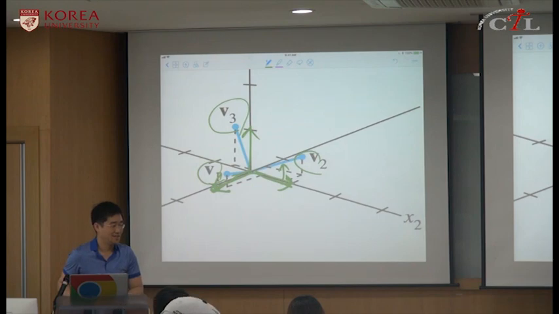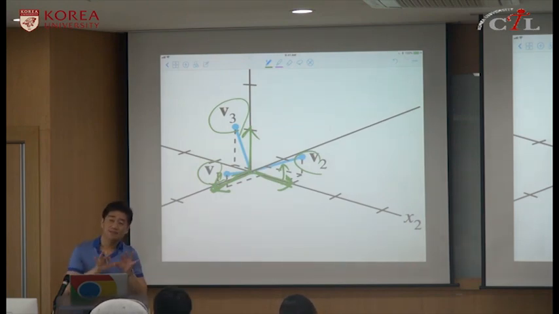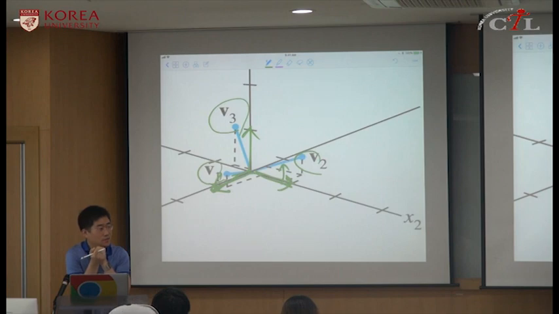So thinking of this as a transformation from one basis into another basis, you can think of it as a rotation.